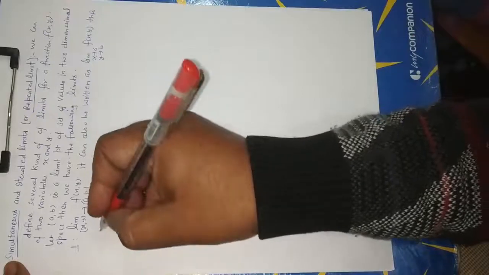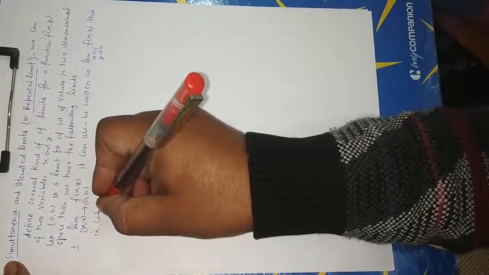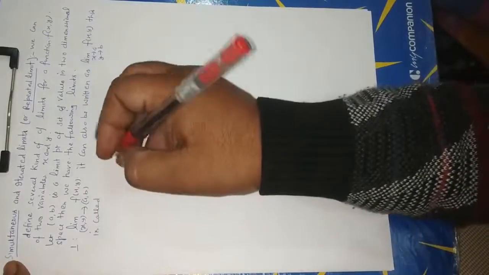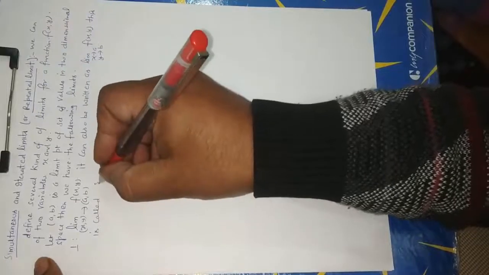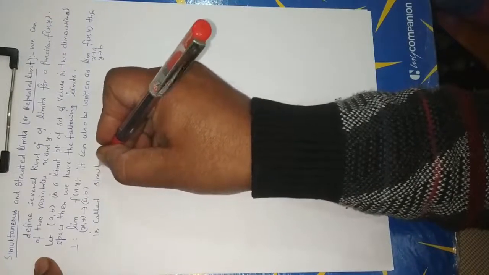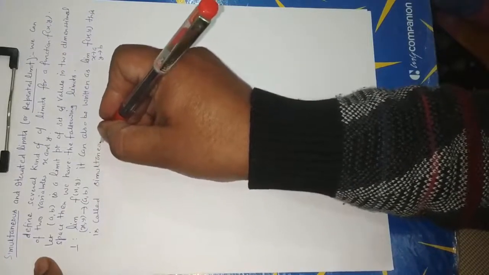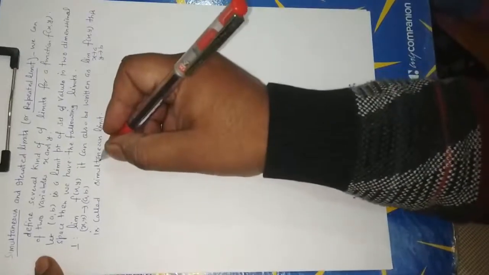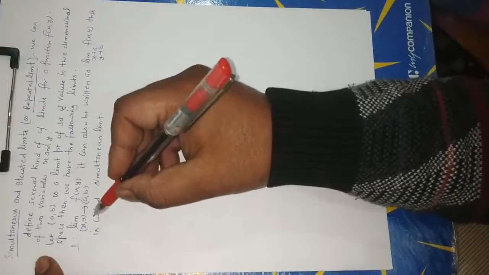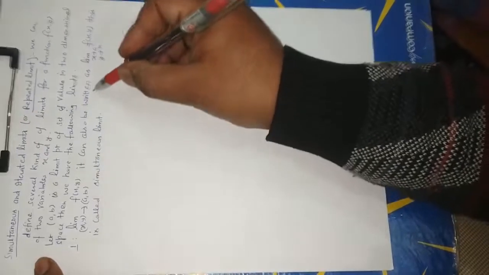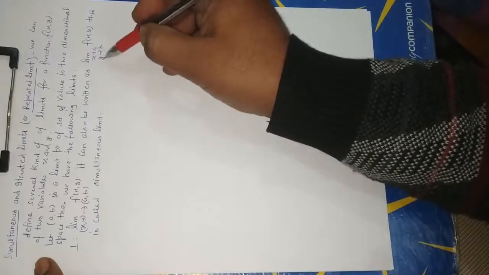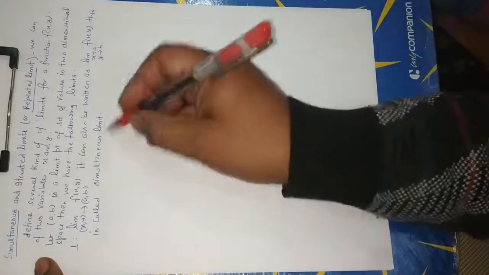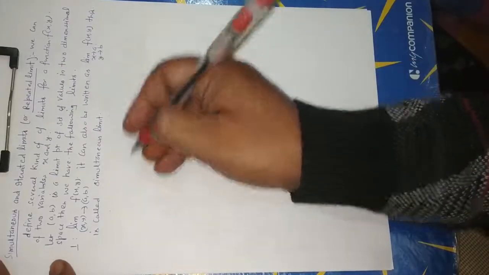This is called the simultaneous limit. We repeat again: limit (x, y) tending to (a, b) of f(x,y) can also be written as limit x tending to a, y tending to b of f(x,y). This is called the simultaneous limit.